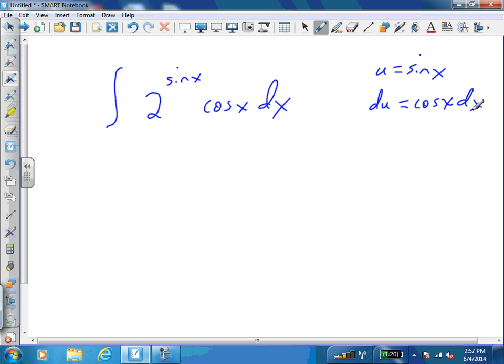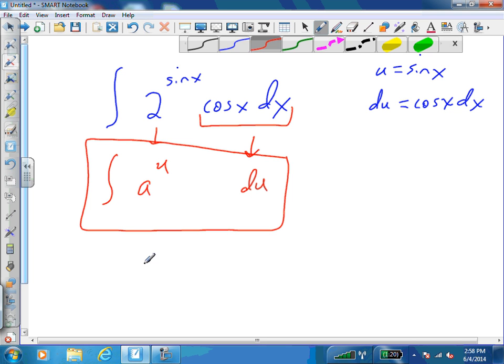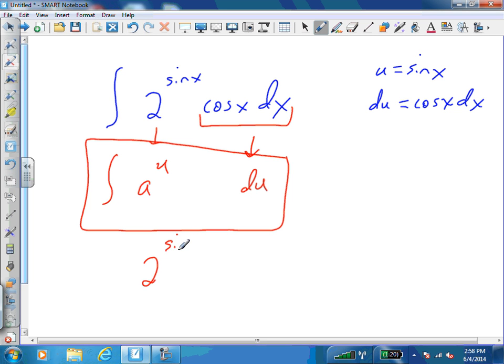Cosine x dx. So you're saying that that is our du. So this is just a, some constant, to the u power, so the integral of that is a to the u over natural log of a, so 2 to the sine x over natural log of 2, plus C.